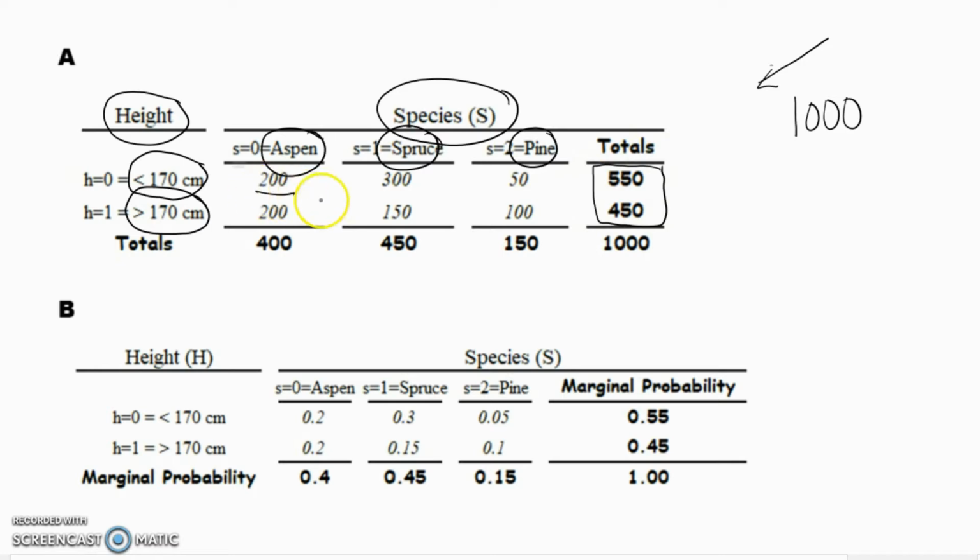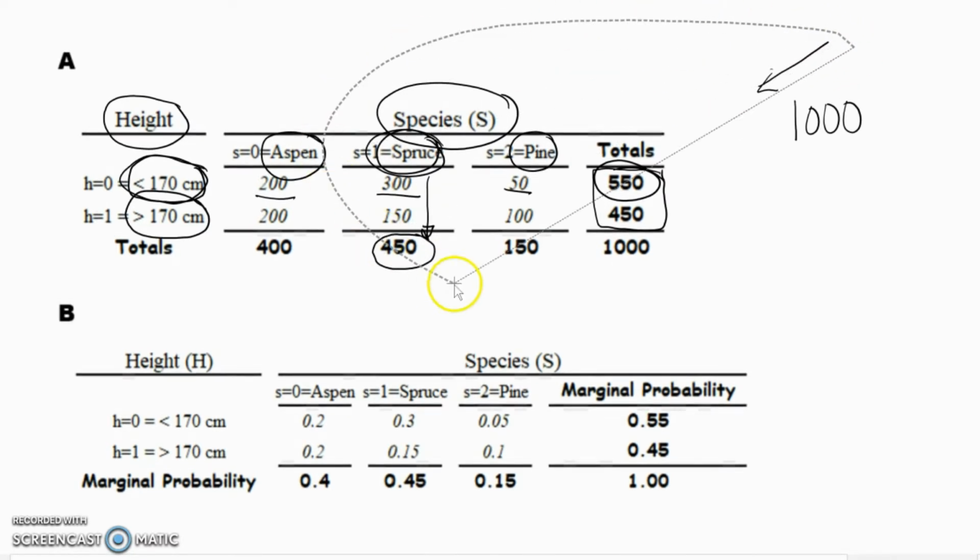So if we add the 200, the 300, and the 50, we've got 550 trees that are in the height class less than 170 centimeters. And similarly, if we think about this bottom row, this 450, if we consider the spruce species, we've got 450 individuals that are spruce. So this all relates to the counts.